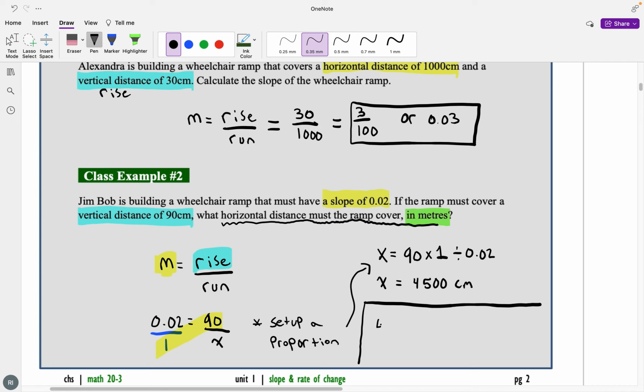I'll take my 4,500 centimeters and I will multiply by the conversion. There is 100 centimeters for every 1 meter. Therefore, my final answer, 45 meters.